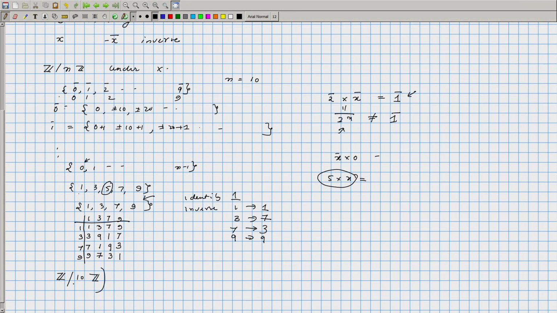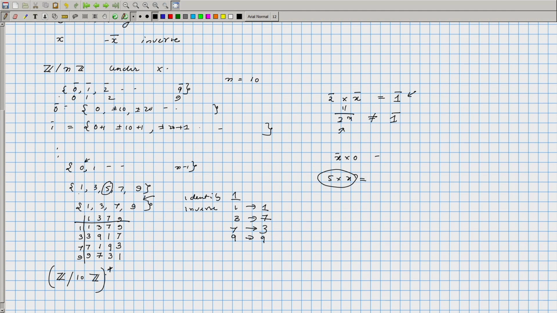So, we are not taking all the elements. When we write multiplication here, although we are writing Z divided by 10Z with the multiplication operation, this basically means we are considering elements 1, 3, 7 and 9.